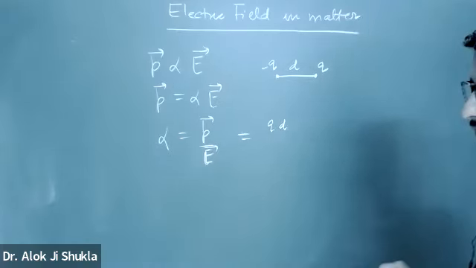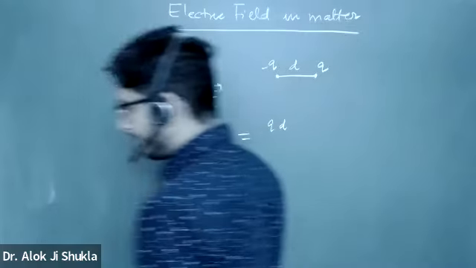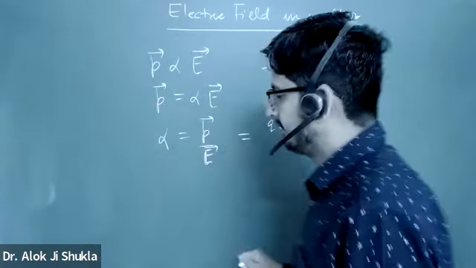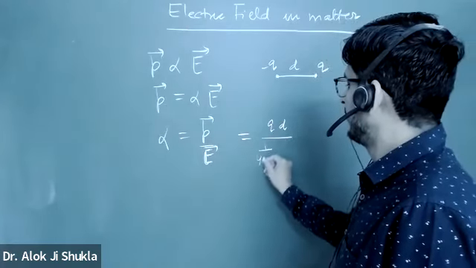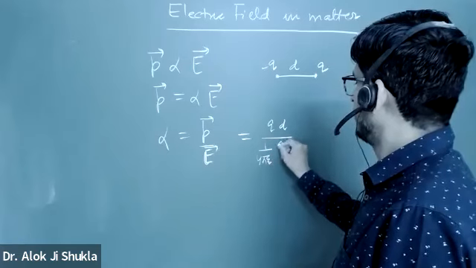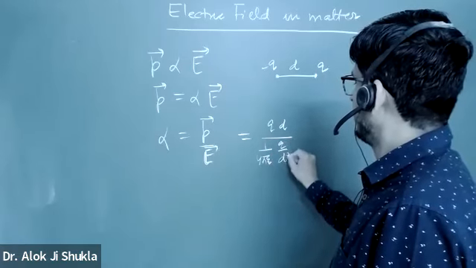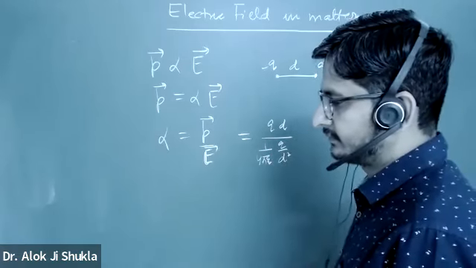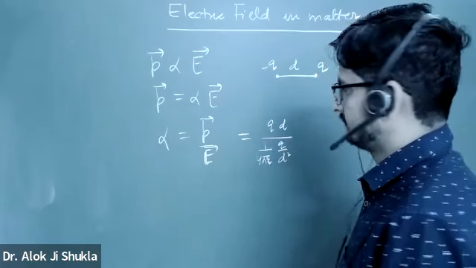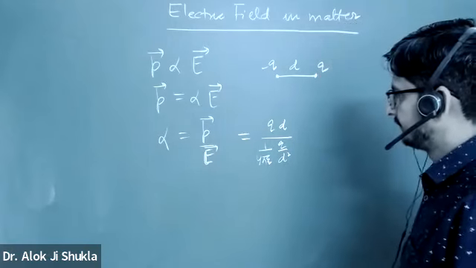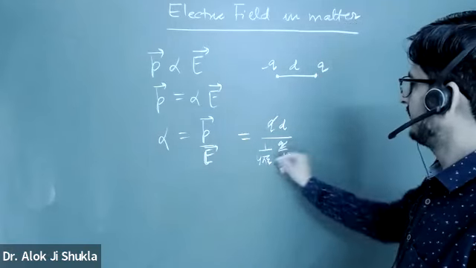Tell me, is it okay? Yes, sir. And because of the charge, electric field will be 1 upon 4 pi epsilon naught Q by D square. Q and Q will cancel.